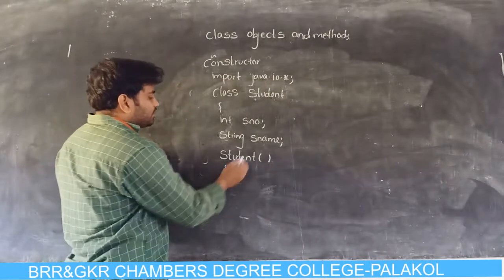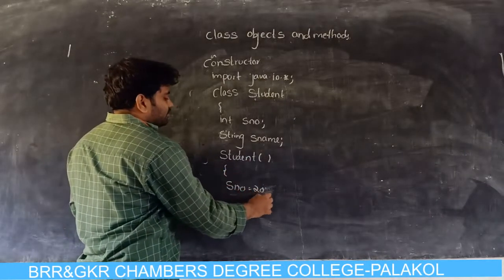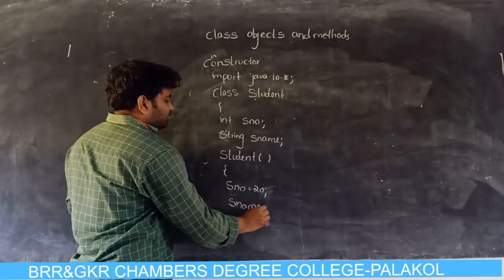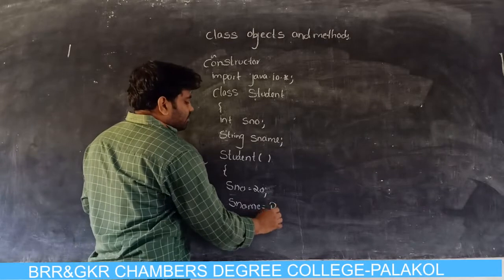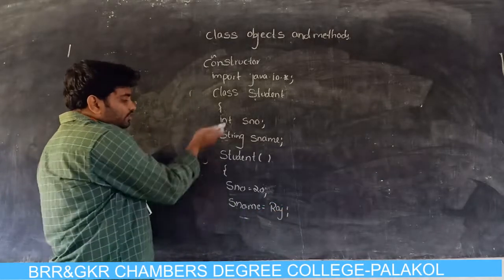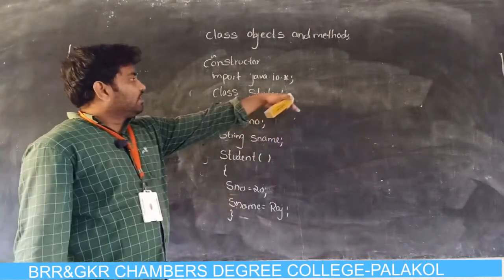Next, initialization of values: s number is equal to 20, next s name, you create Raj. Next, you write the main method.